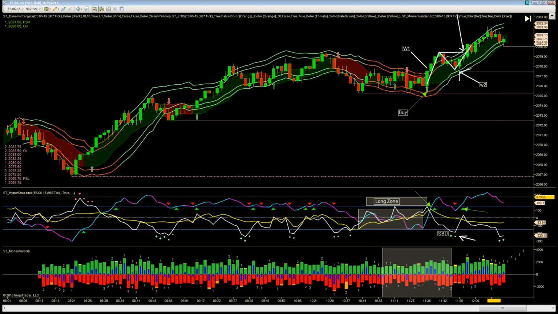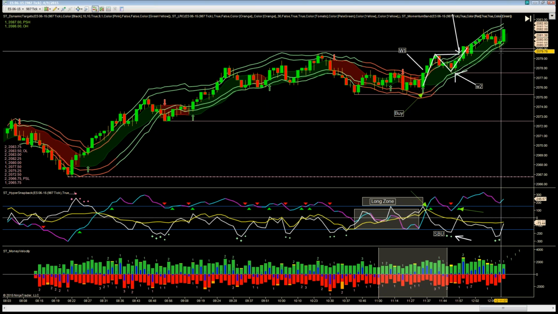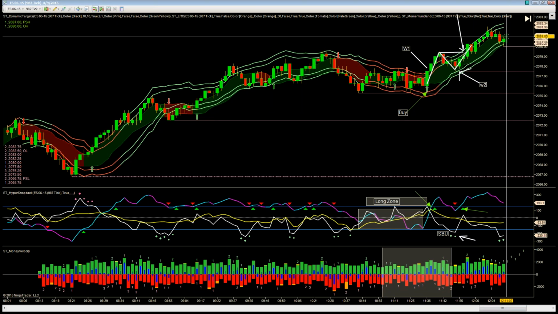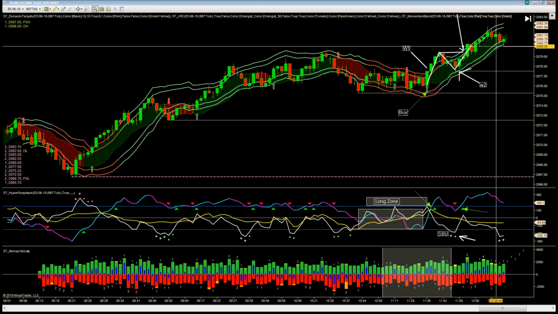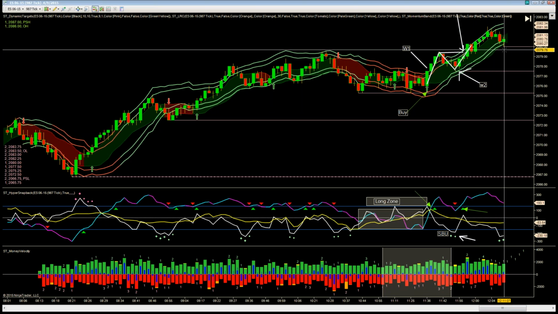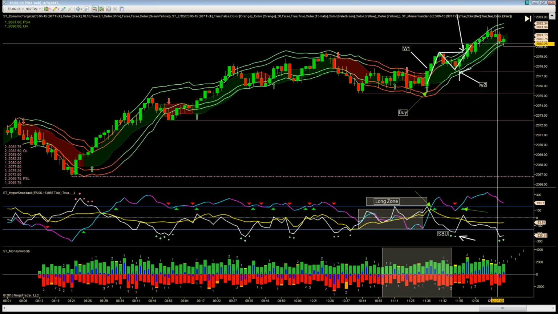Now on this negative divergence here, we need to break, and notice how it just touches the bottom of our trend study, the momentum study. It doesn't break it. It's also going to want to utilize price distribution. The move won't go exactly straight up.